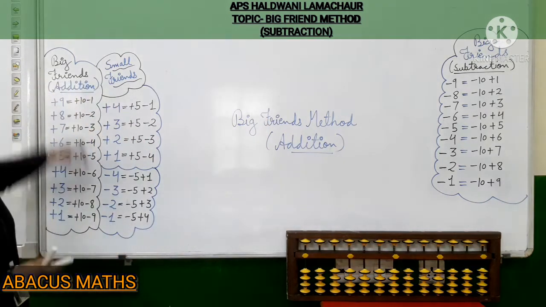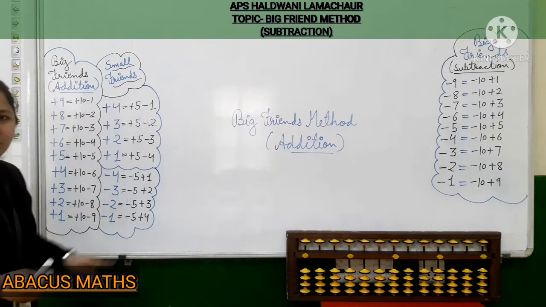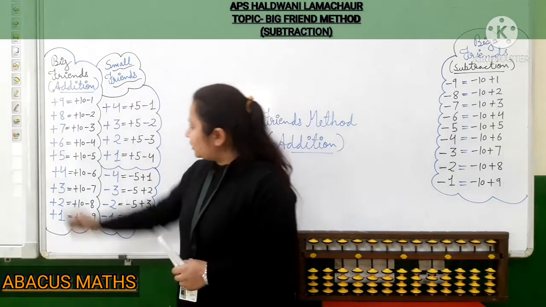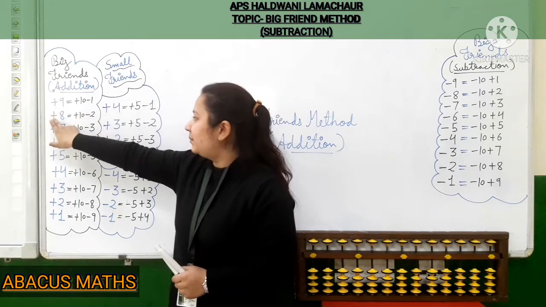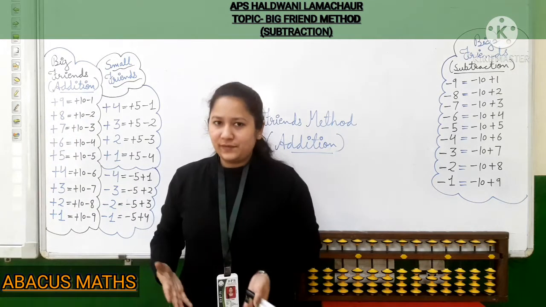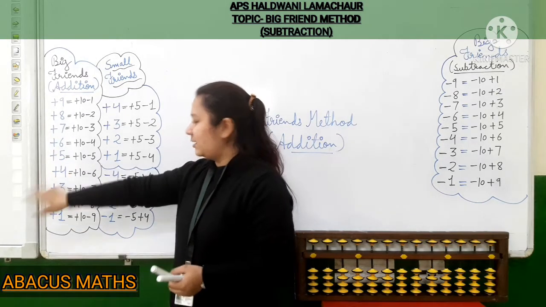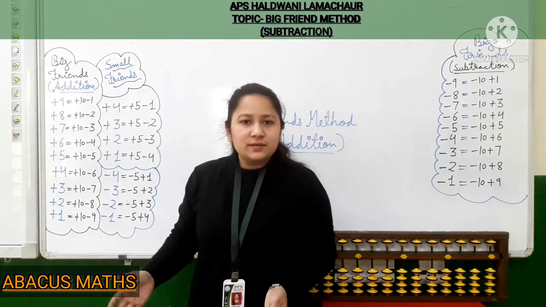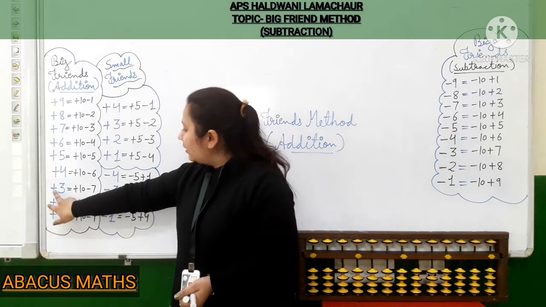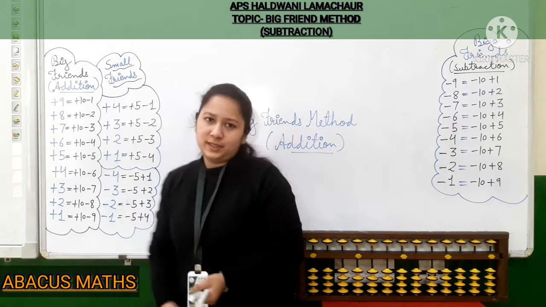In the first video we discussed plus 9, plus 8 and plus 7. Then in the next video we discussed plus 6, plus 5 and plus 4. And in the last video we discussed plus 3, plus 2 and plus 1.